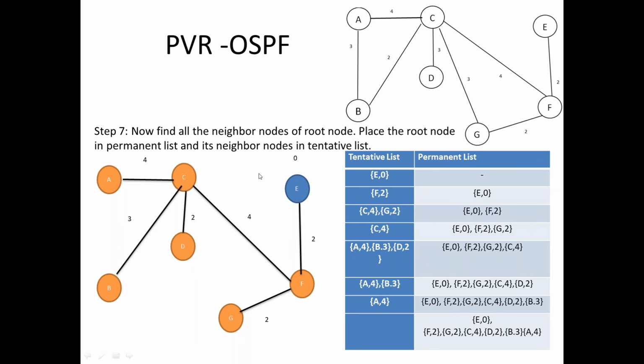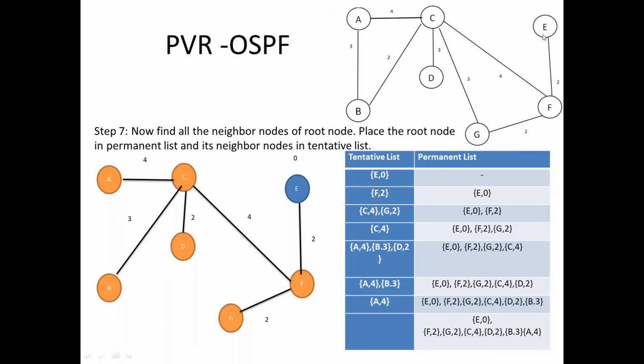So now we have a network which has only a single path from every source to the destination. Here the source is the node E because we have taken E as the root node, and all the remaining nodes have a single path from the source. If you compare the original network which we had and the network which we have now, you can find the difference.